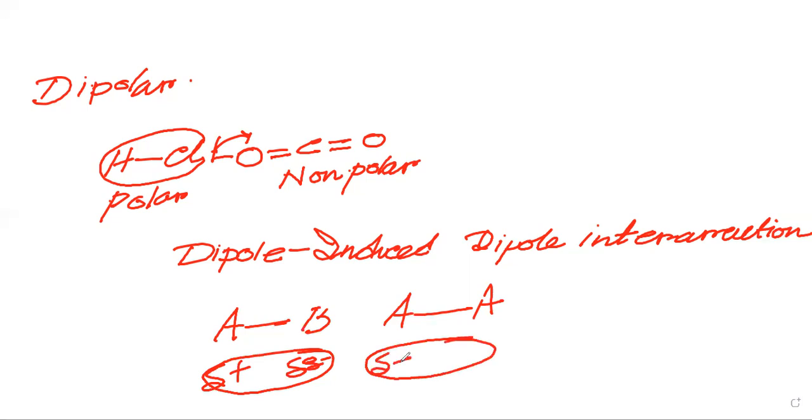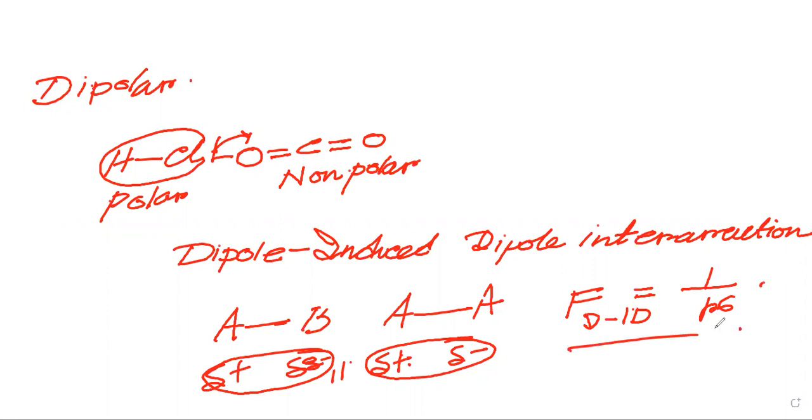Now polarity will be induced in that system, and an attraction force will be in between them. So we will get the dipole-induced dipole interaction force. That force is proportional to 1 by the 6th power of R.